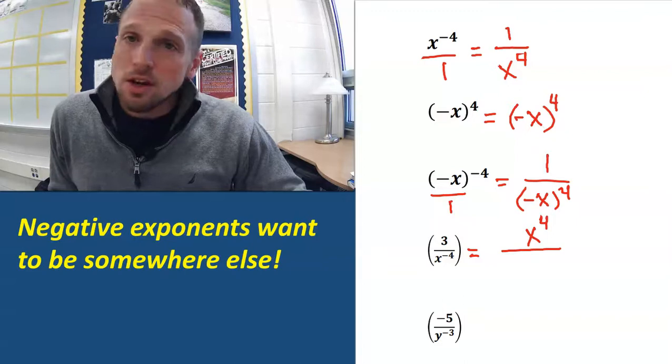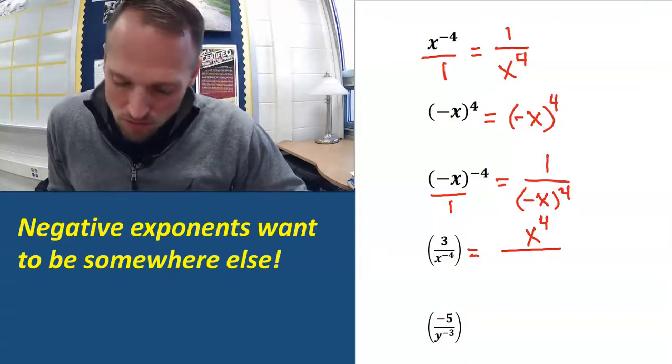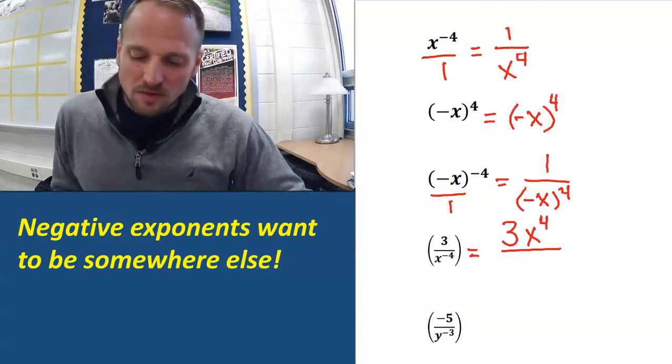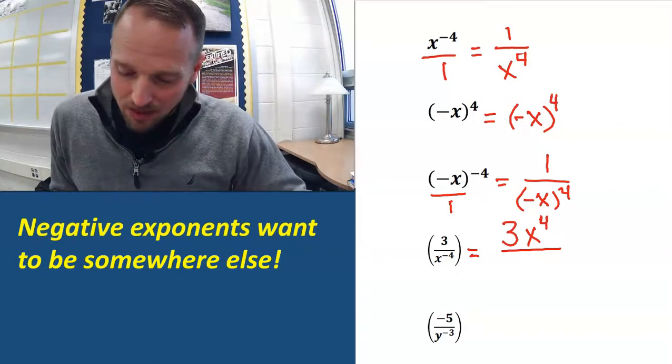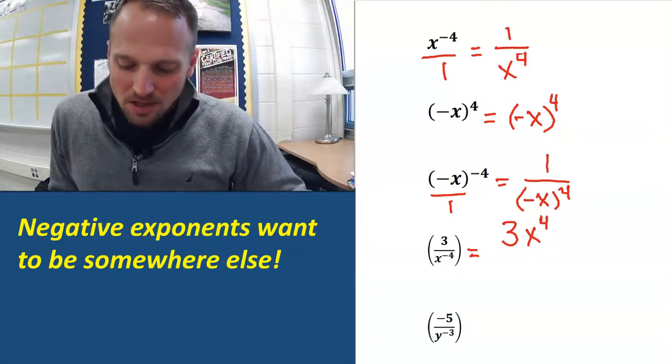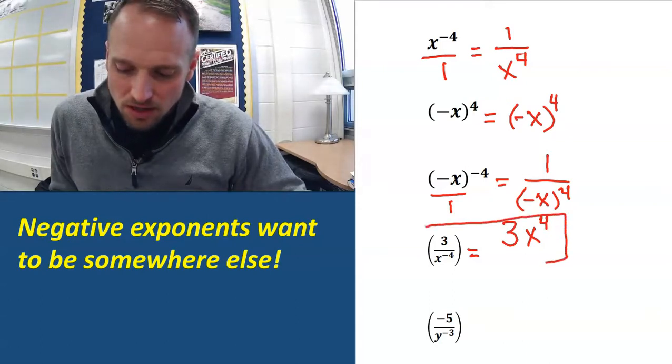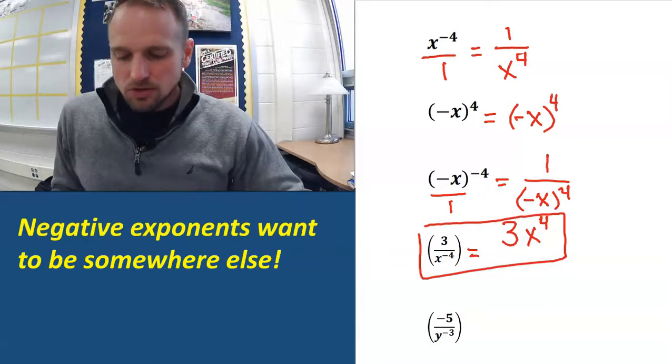That 3, there is no exponent with that at all. There's no negative exponent, so we're not going to move it. That 3x to the 4th just stays on the top. Now, I don't need to have anything on the bottom of a fraction. I can just erase that. 3 divided by x to the negative 4th is actually going to be 3x to the 4th.